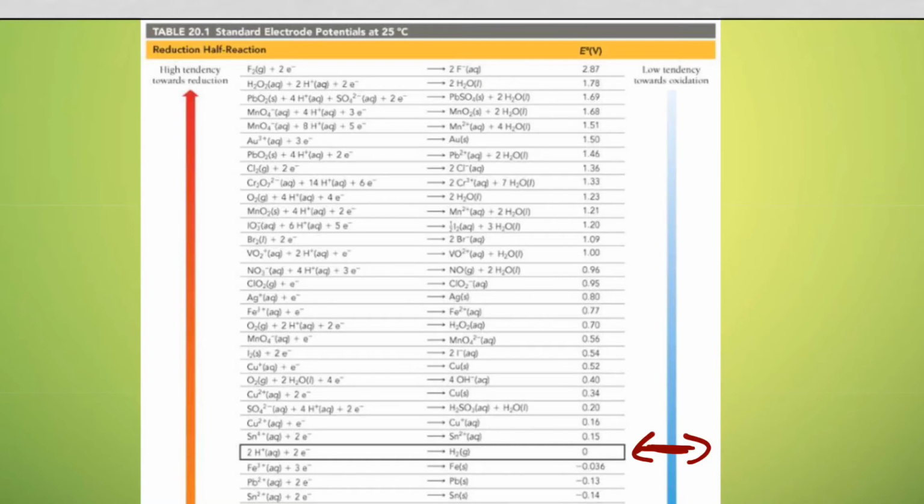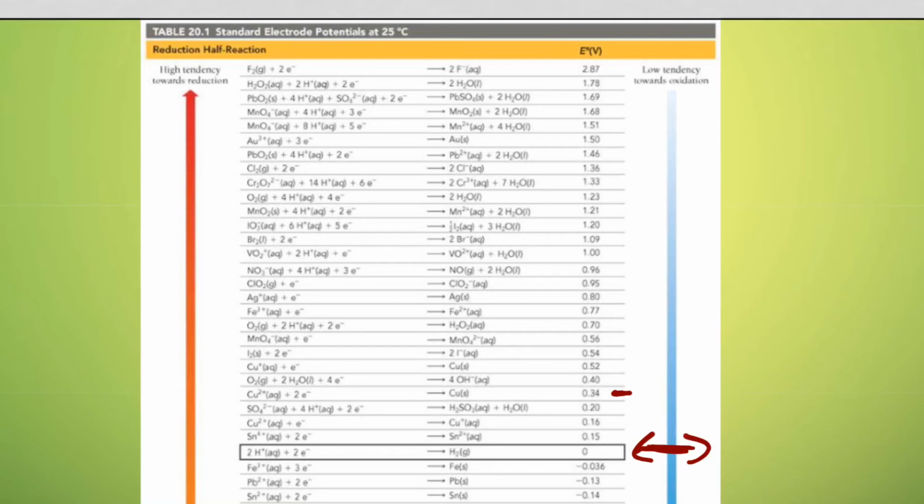So we find our copper right here. Copper was 0.34 volts more likely than the SHE electrode to undergo reduction. And you can see lots of other materials that are more likely to undergo reduction, so we have copper ions.